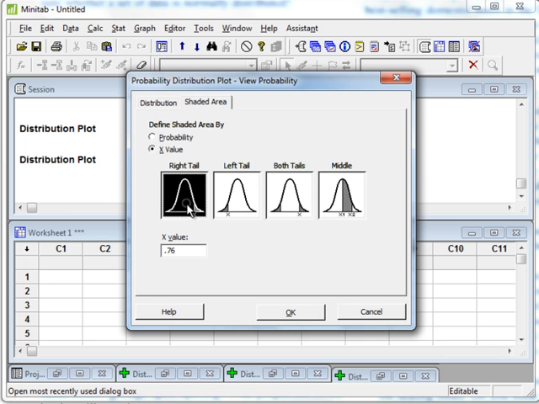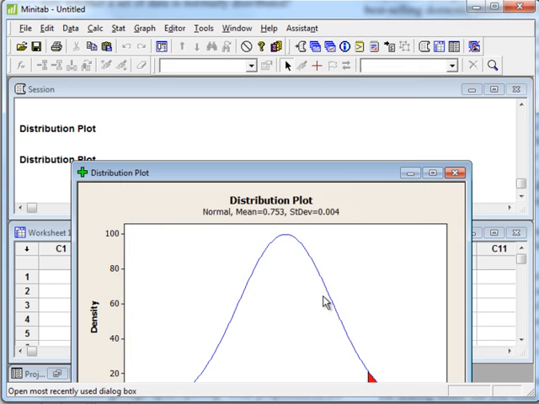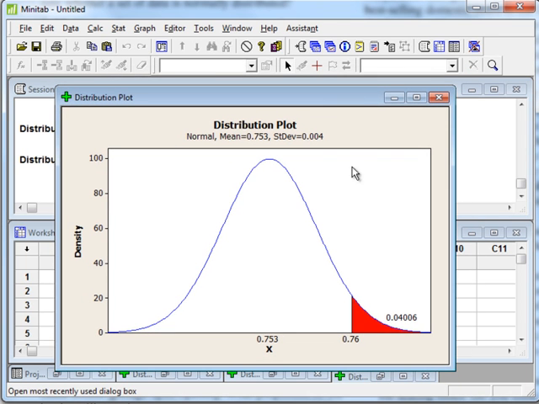We want to choose right tail, 0.76. We have it entered in already. We get that there is over a 4% chance that we have a ball bearing that has a diameter that's too large. So it's more likely that we get a diameter that's larger than what we're supposed to have in the industrial sewing machine. So that's useful probabilities.